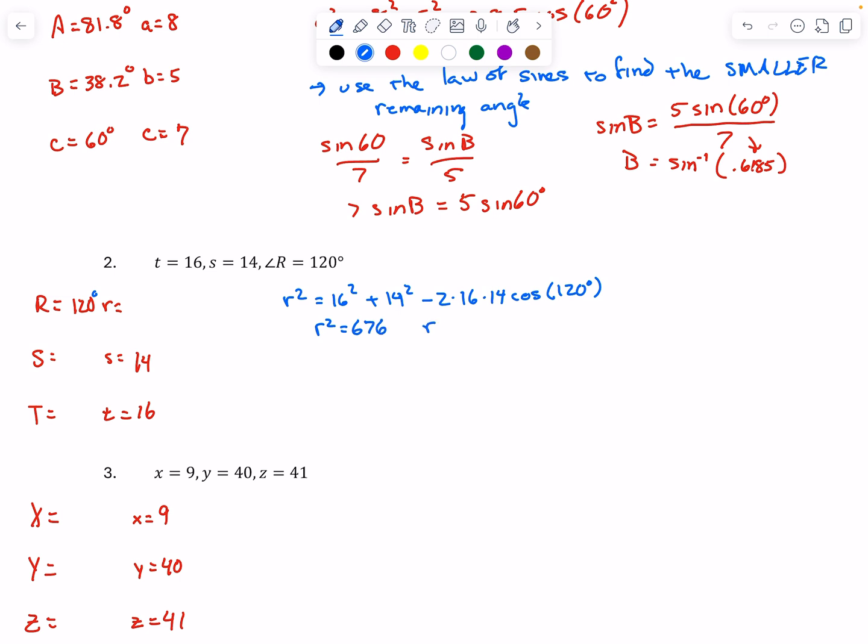Okay, R is 26. This is another magic number like the Pythagorean triples. Find the smaller of the remaining two angles. So set up with angle R.